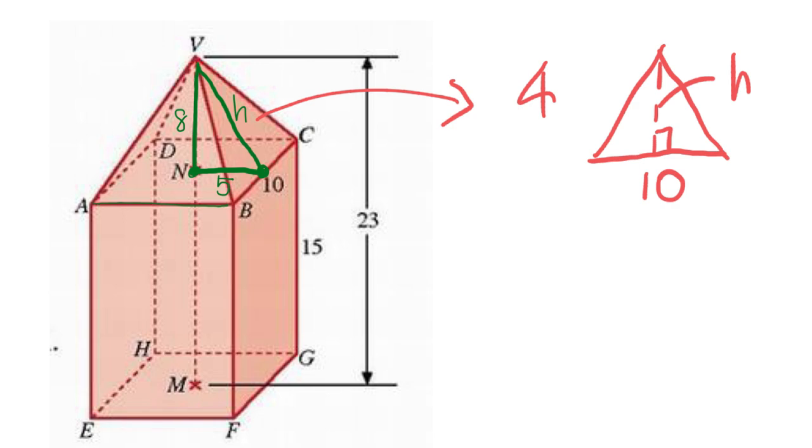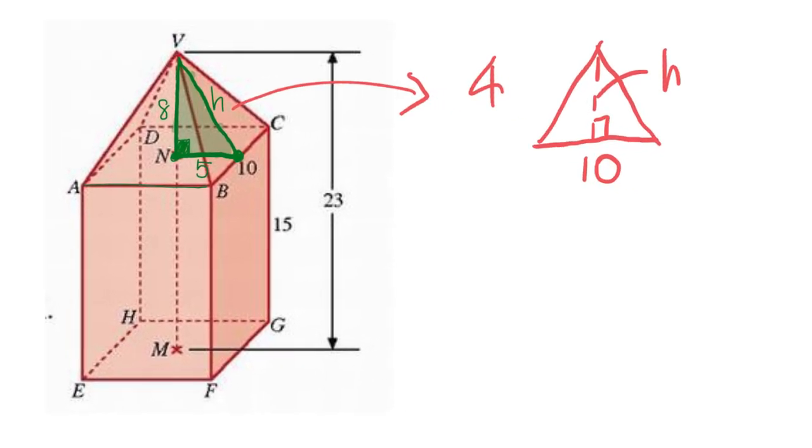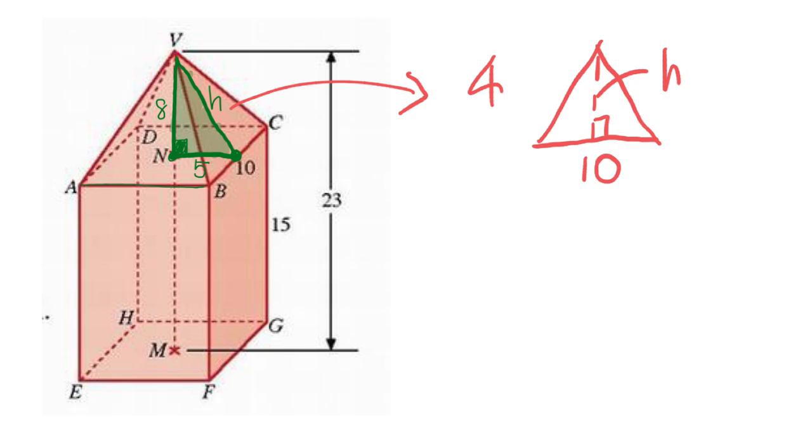So we are essentially looking at this right angle triangle, which I'm going to draw out neatly at the side here to allow us to find this h, because knowing the h would then allow us to find the area of the 4 triangles.